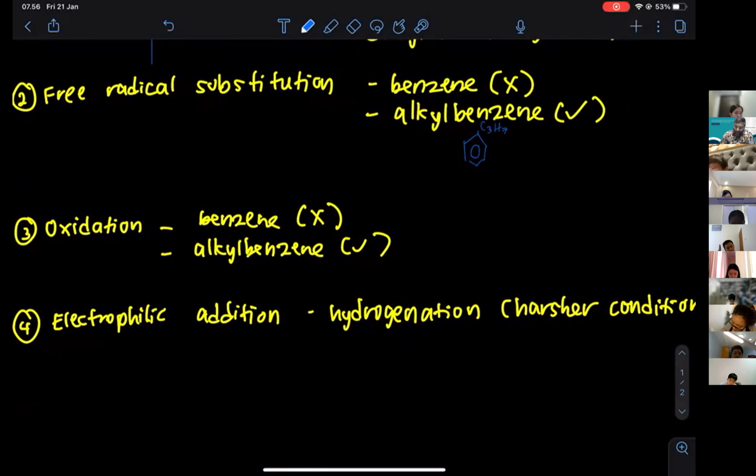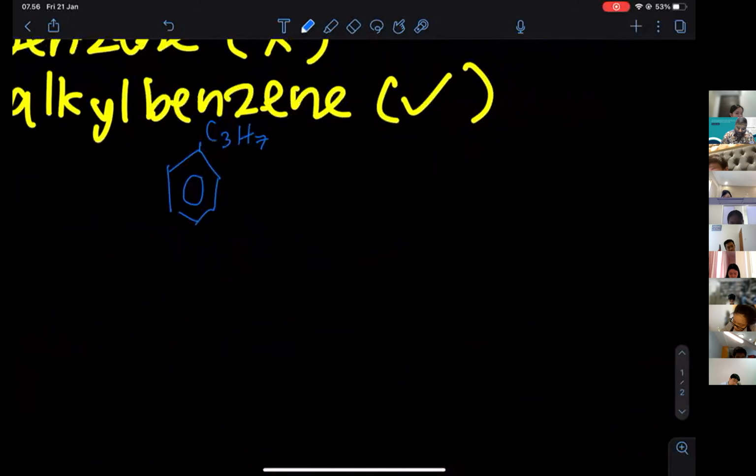Do remember, this one must be under boiling conditions, and with the presence of UV light or sunlight. So let's say now I'm going to react with Br2 or Cl2, it doesn't matter. What do we expect?